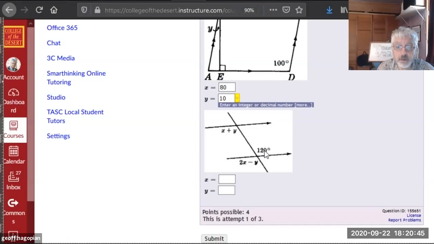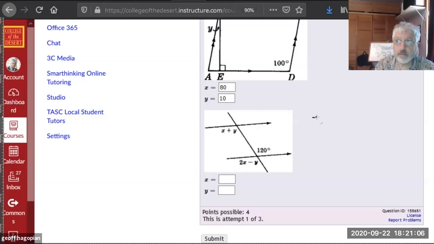You know, this is 120. These are vertical angles. So 2x minus y is 120. I'll tell you what, I think I can draw here, right? Put that off to the side. If I draw on here, okay. So I want to draw over here, right?